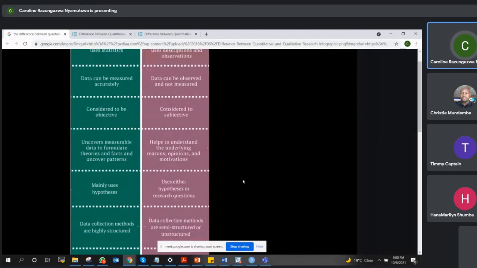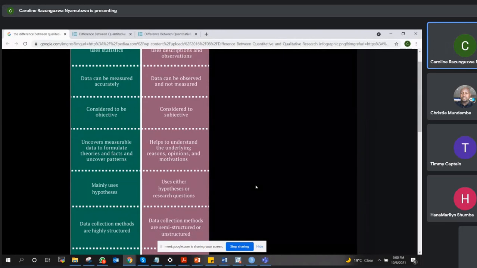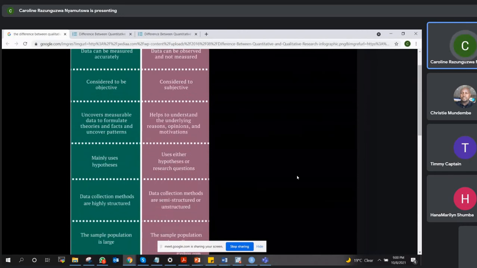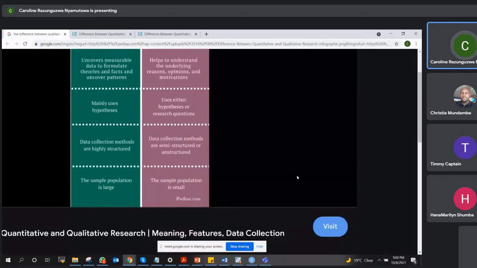Quantitative mainly uses hypotheses, while qualitative uses either hypotheses or research questions. In terms of data collection, quantitative methods are highly structured, while qualitative methods are unstructured and sometimes semi-structured.